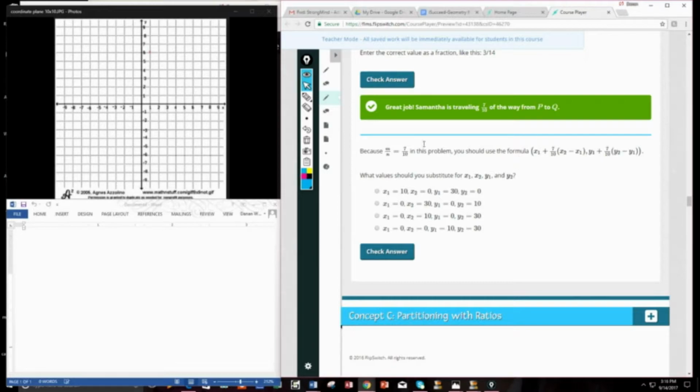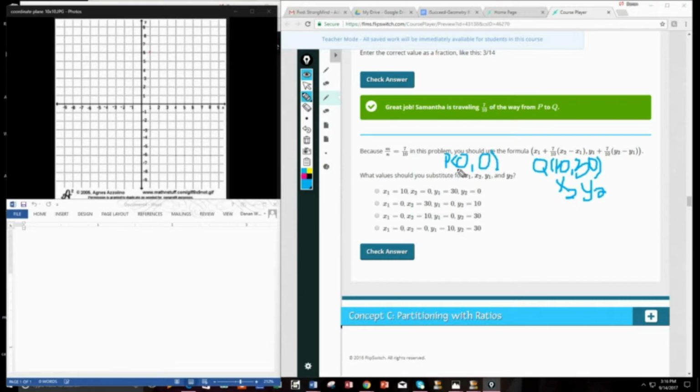P is at point (0, 0). So P is our x sub 1, y sub 1. So x sub 1, y sub 1 is 0, 0. Q was at (10, 30). So Q is our ending point, so that's going to be our x2, y2.